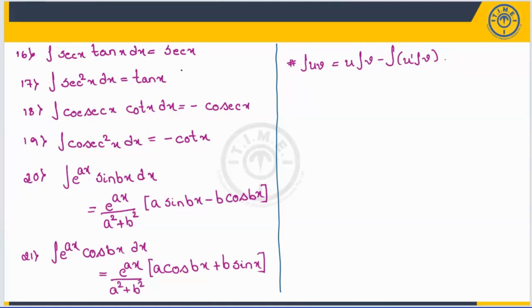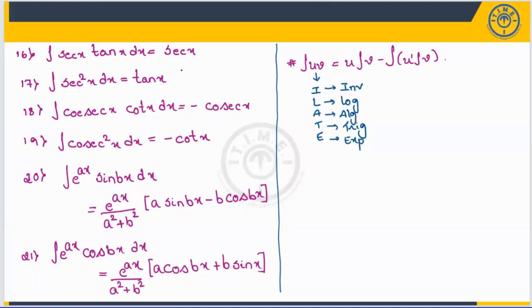And we'll be choosing this U and V according to which rule? According to the ILATE rule, where I stands for inverse trigonometric, L stands for logarithmic, A stands for algebraic, T stands for trigonometric, and E stands for exponential.